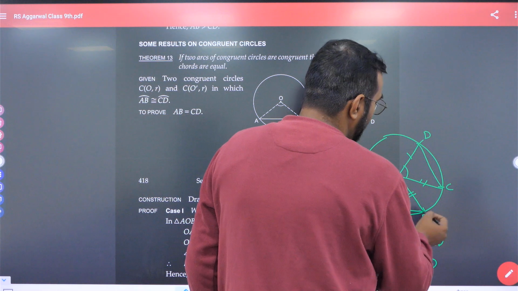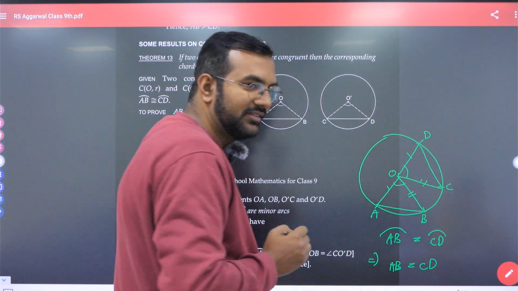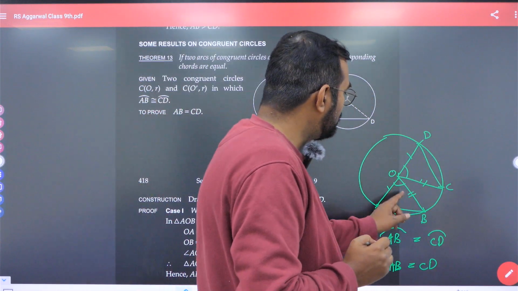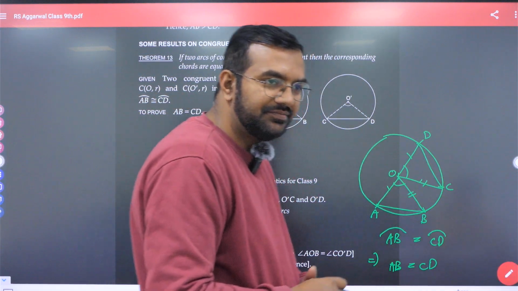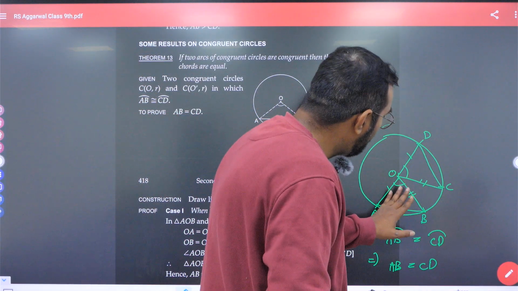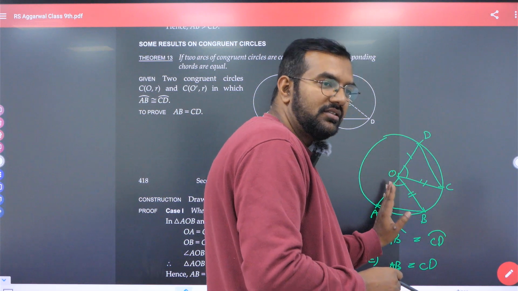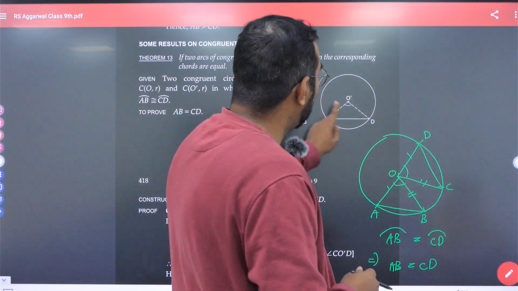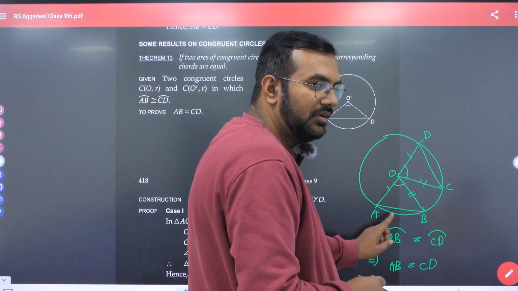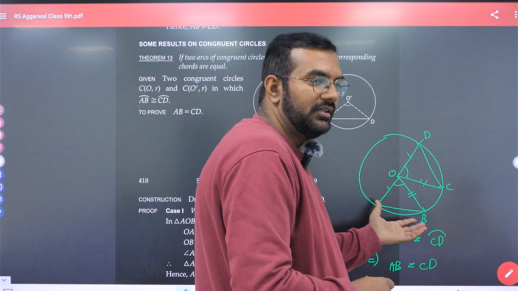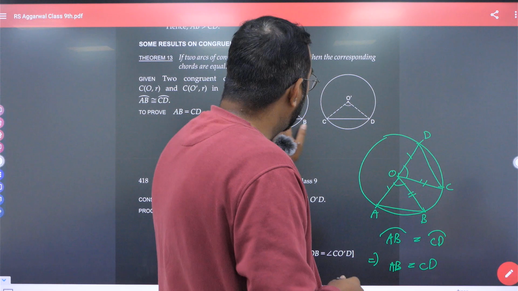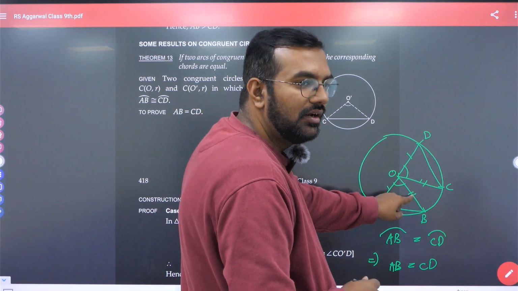How? Equal arcs subtend equal angles at the center. So the two triangles are congruent, and by CPCT AB equals CD. Similar tactics can be applied in two different circles, and you can prove the two chords are equal in the same way if the radii are equal.